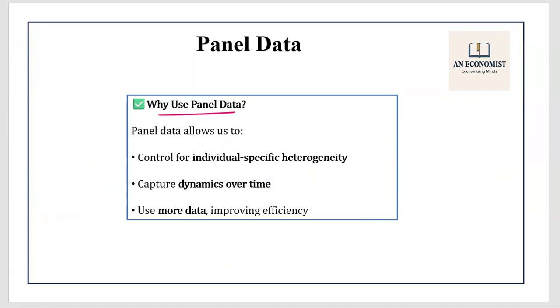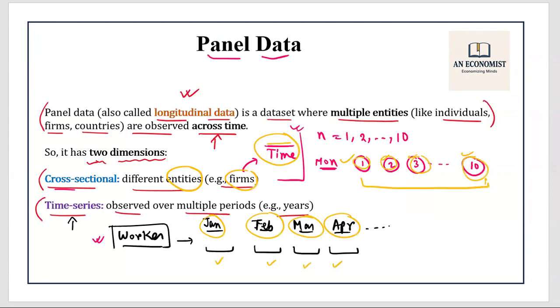The first thing, and the main point of importance of panel data, is that it helps us to control for individual specific heterogeneity. If you have two different dimensions, the cross-sectional dimension and the time series dimension, then for a particular entity you can find out the variation. For example, for a particular worker, you can find out across different periods what production is being done by that worker.